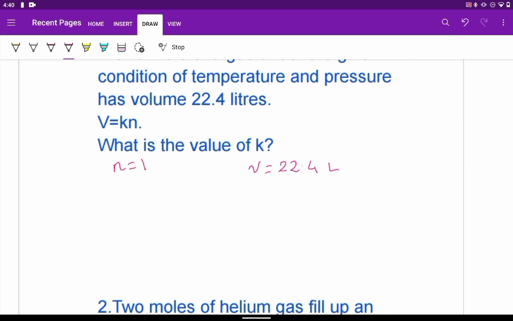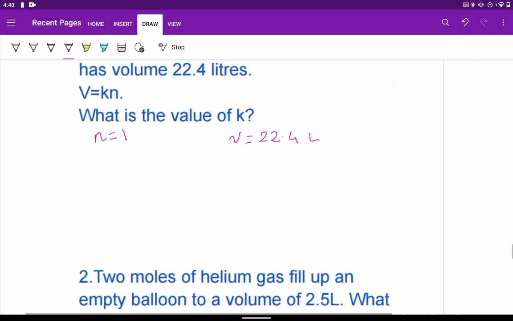So K equal to V by N from the formula. K equal to V by N, that is 22.4 divided by 1. So it comes out to be 22.4 liters per mole.